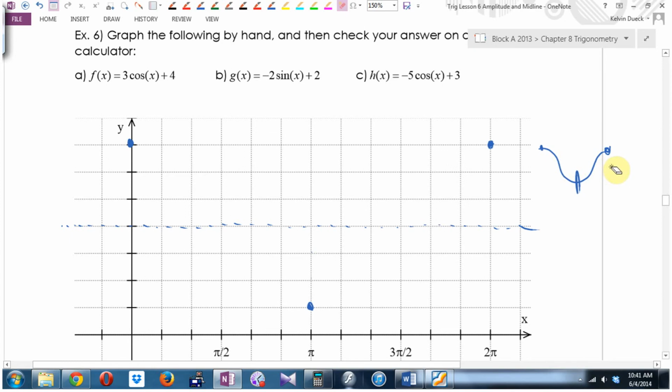But by 0 high, what I really mean is, Brooke, I'm going to be on my midline. I'm going to be on my midline right there, and halfway between pi and 2 pi is 3 pi by 2. I'm going to be on my midline right there. This graph is going to look like that.